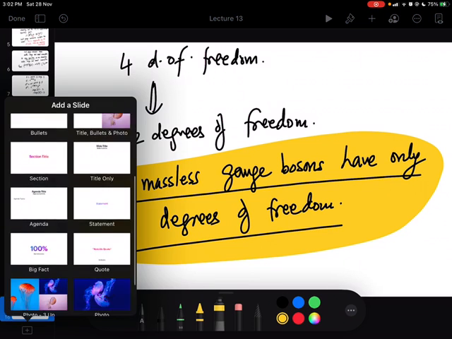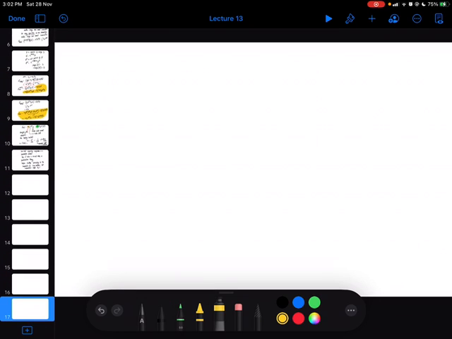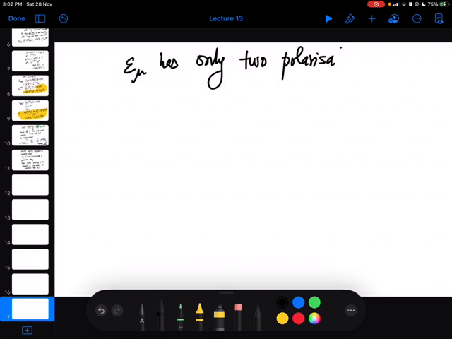That means epsilon mu has only 2 polarizations, which are both transverse to the direction of this thing.